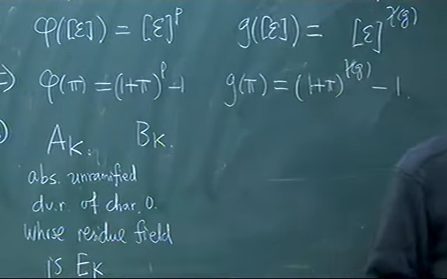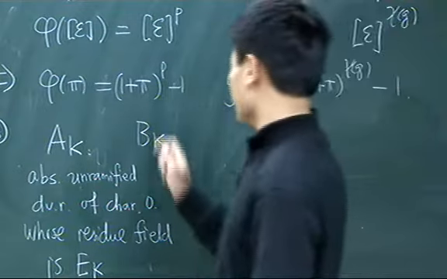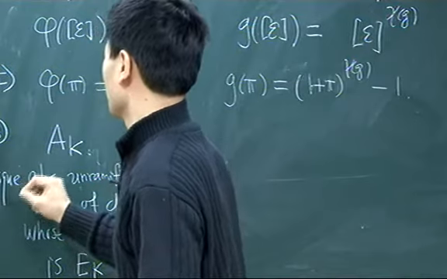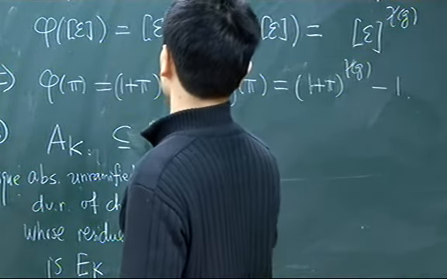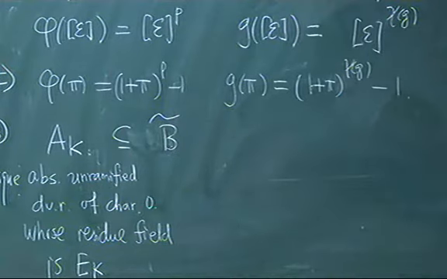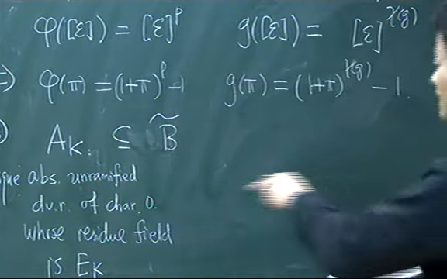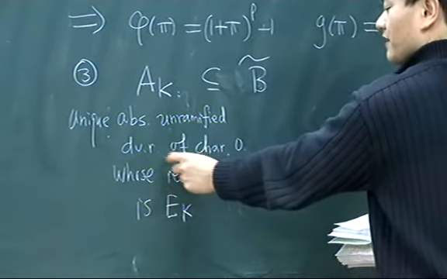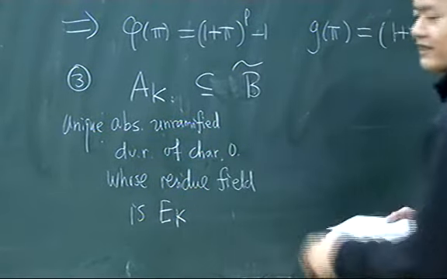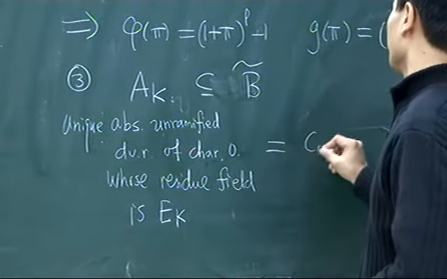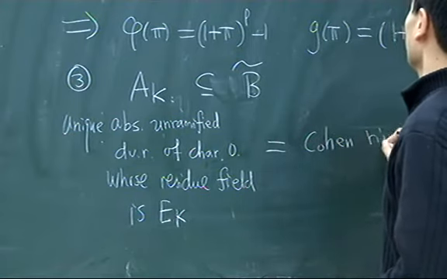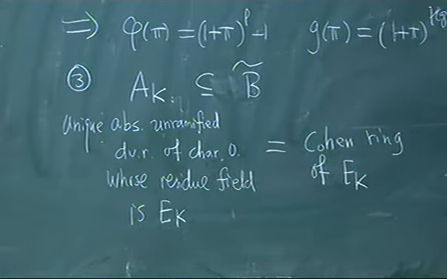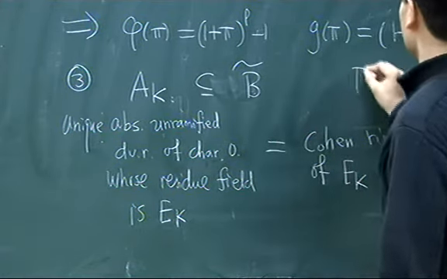So E_K tilde is easy, we just take the Witt ring. So this is not so unique, but we can say there exists a unique one. And this is contained in maybe B tilde. Anyway, so there exists a unique one. And this kind of ring, an absolutely unramified discrete valuation ring satisfying this, you can also call the Cohen ring. It's not the Witt ring, but the Cohen ring of E_K.